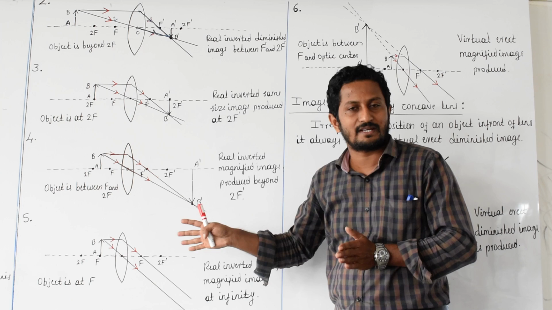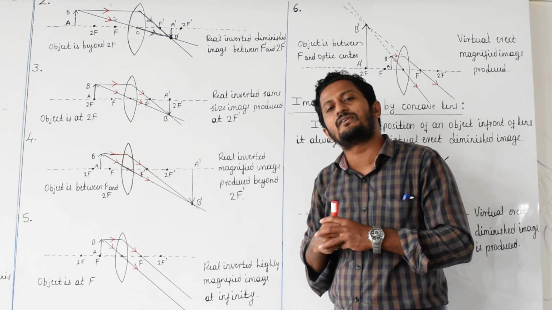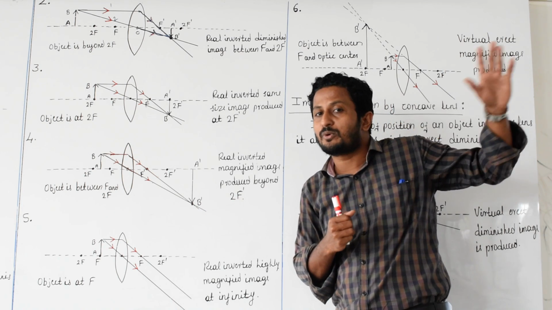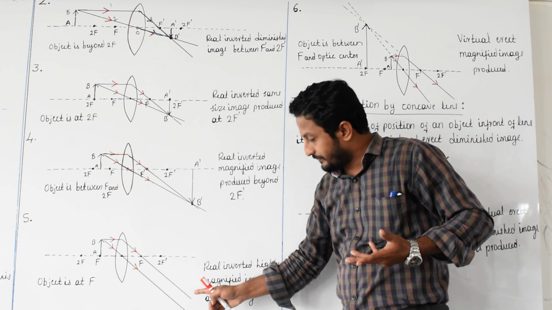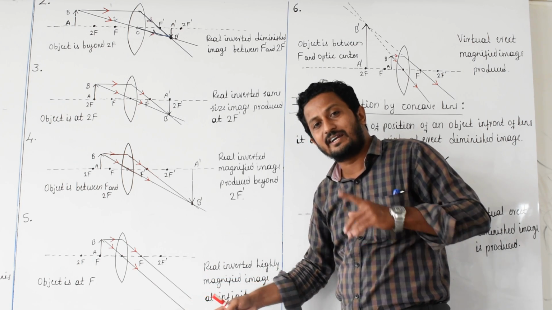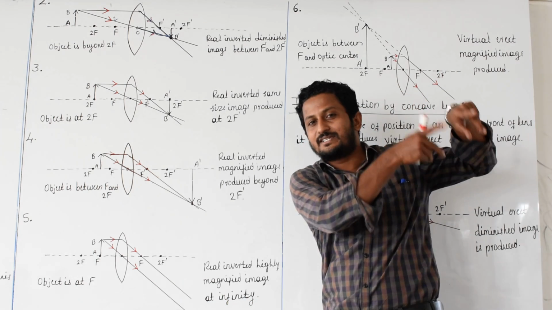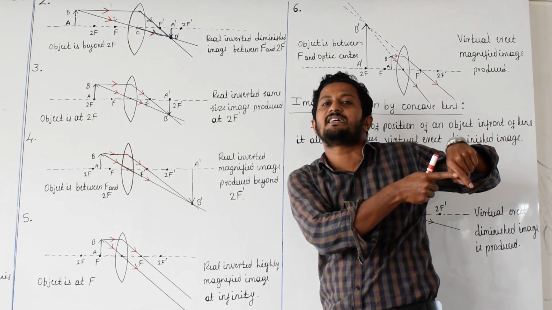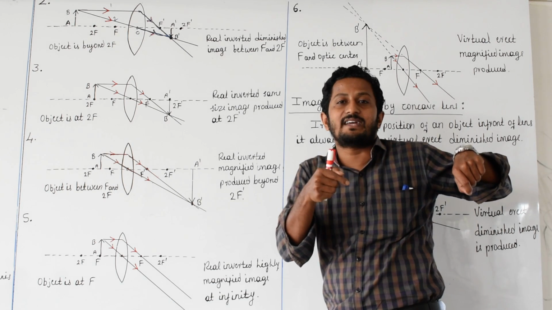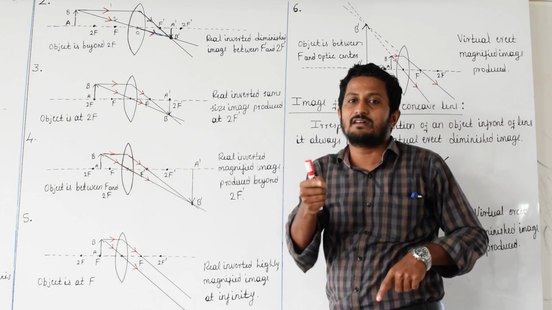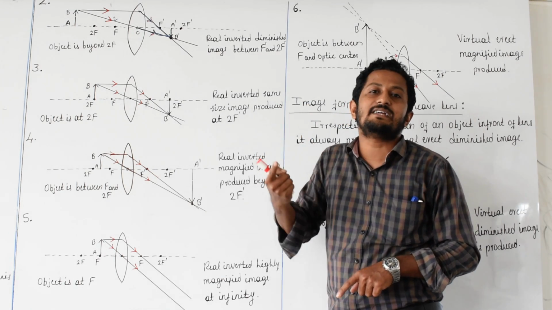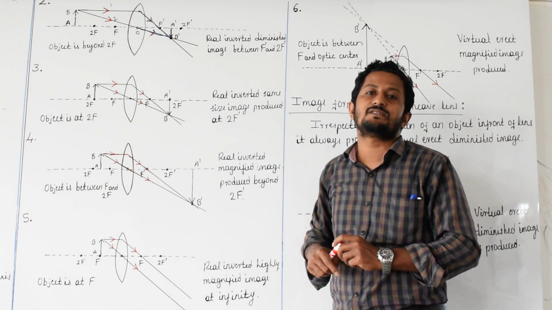Getting what I mean to say? Then which kind of image is going to be produced at infinity? These two refracted light rays are going to meet at infinity. We are saying a real image is going to be produced there. Real, inverted, highly magnified image.